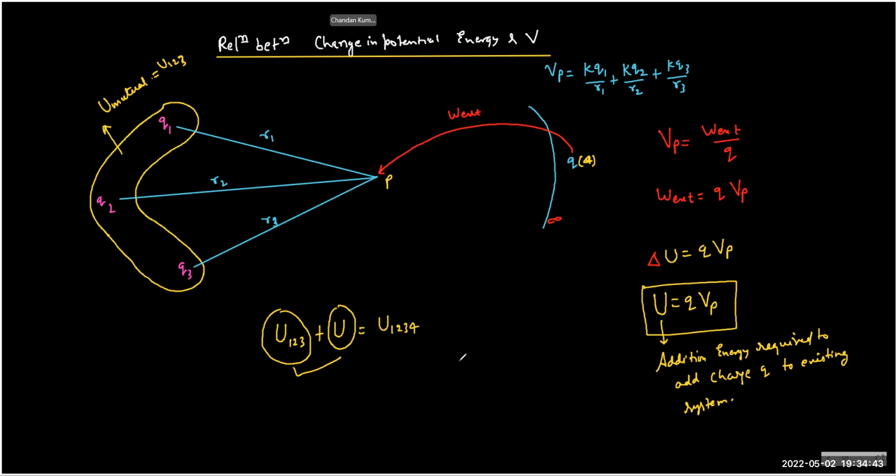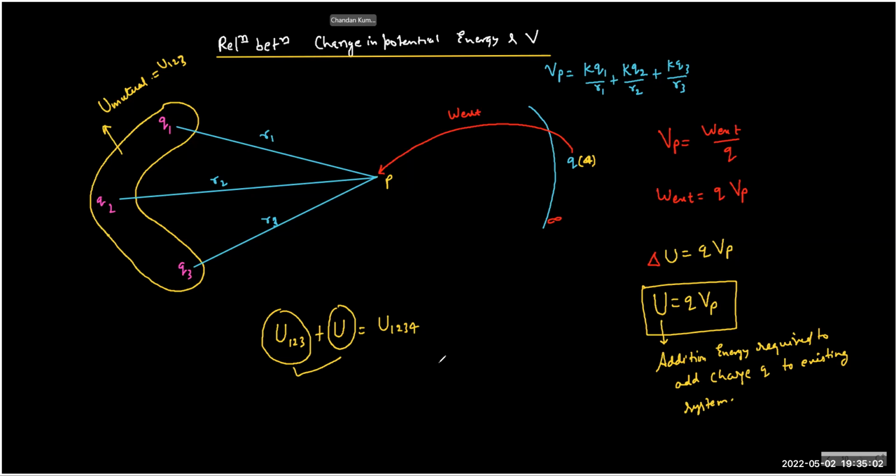So Q into Vp gives the additional energy either given to the system or taken away from the system to add this extra charge.